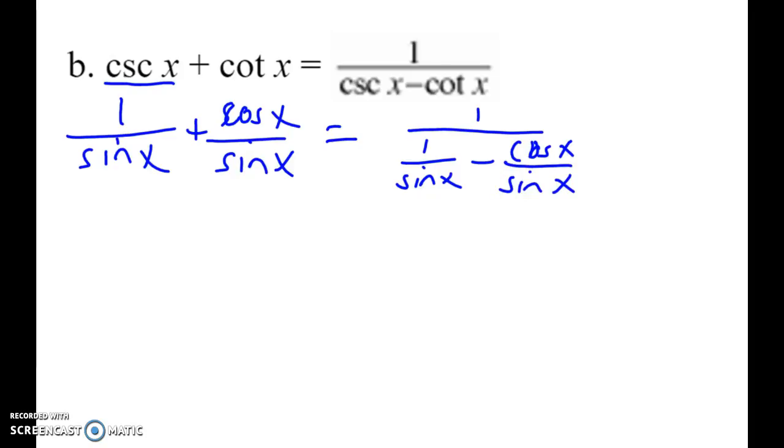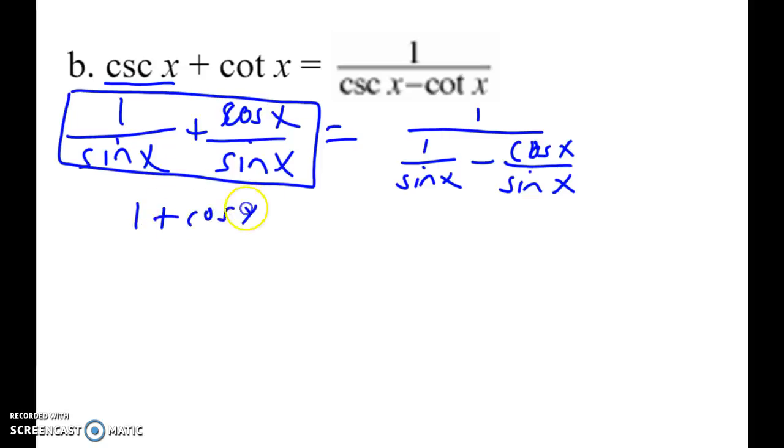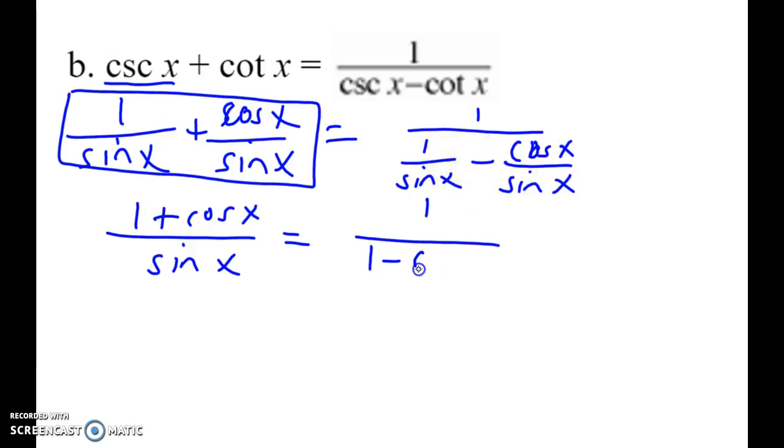Okay, fortunately I have common denominators already, so I'm going to add these two fractions together. My denominator is already sine, so I add my numerators, 1 plus cosine of x over sine. And here I've got 1 over, I have a common denominator already, so 1 minus cosine of x over sine.